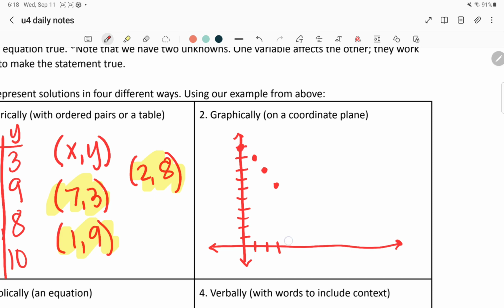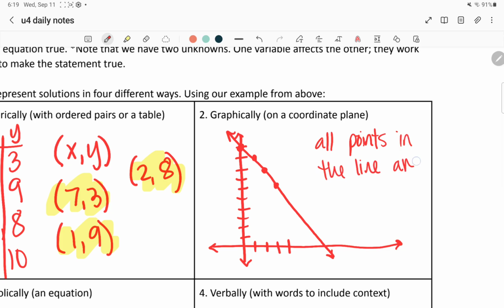And that's just going to keep going, right? Like, you see a pattern here? So I can show solutions as a line. All points in the line are solutions, which is cool.